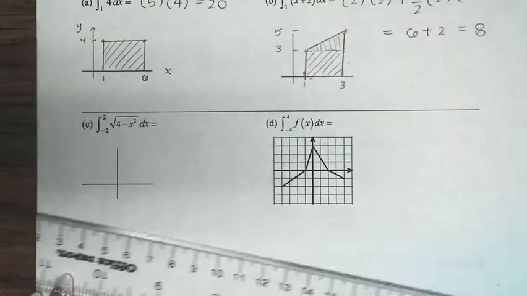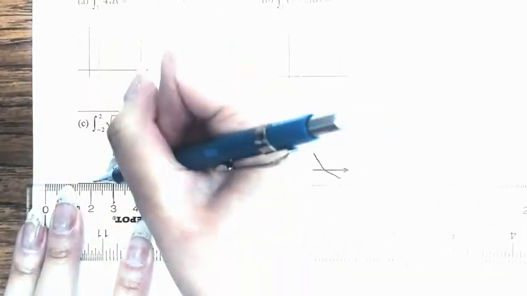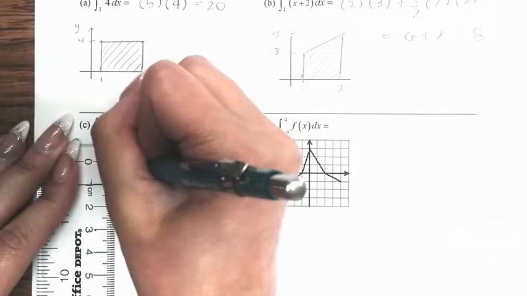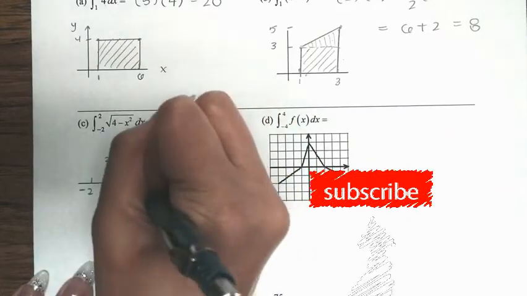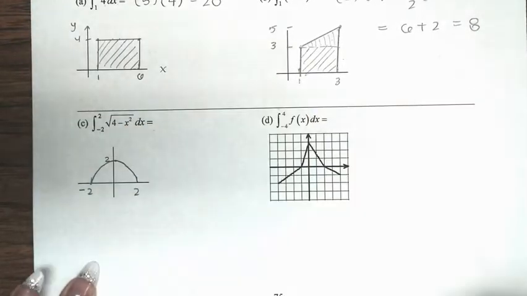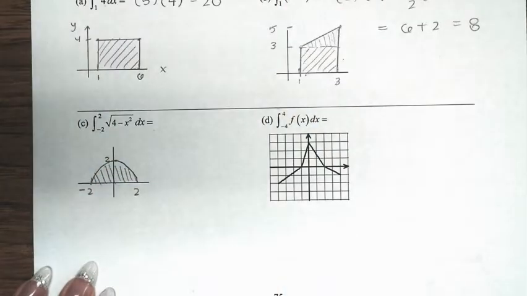Let's draw it so you can see it. If I draw my semicircle here, we have negative 2 and 2, and the semicircle looks something like this. We're looking for this area, the one above the x-axis.